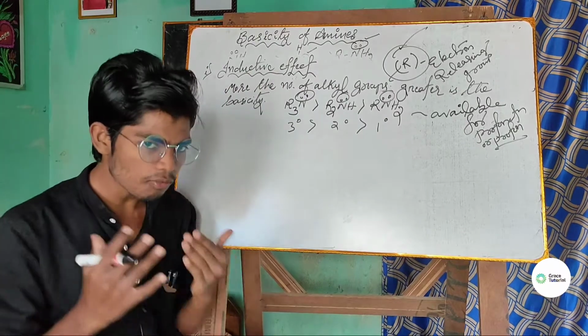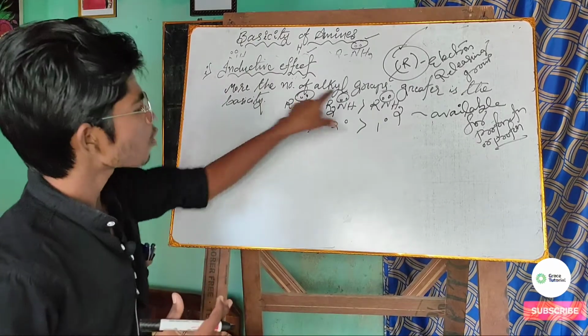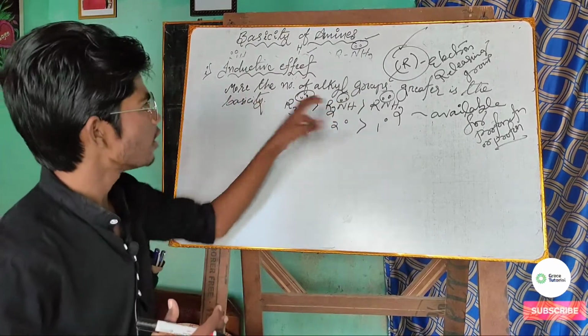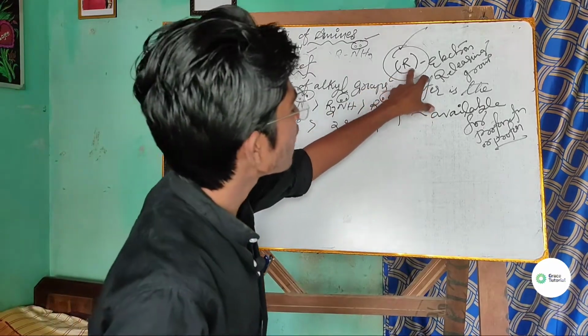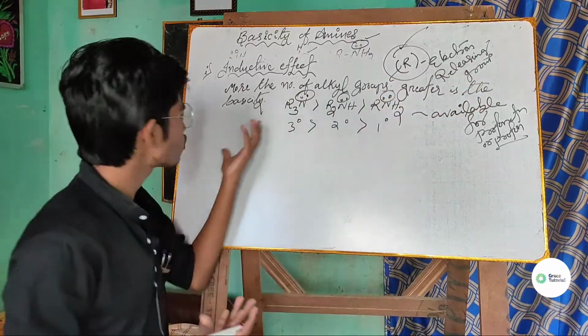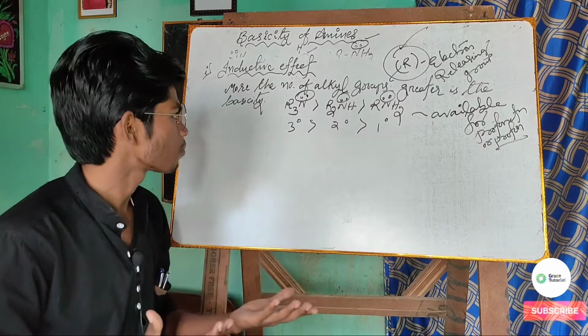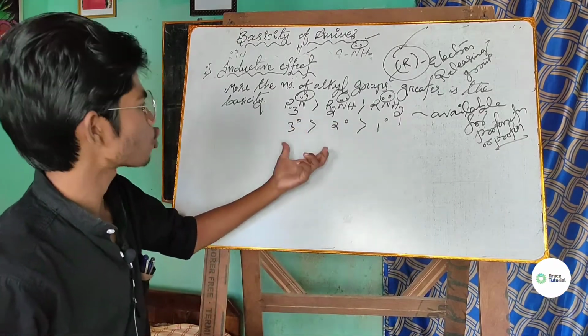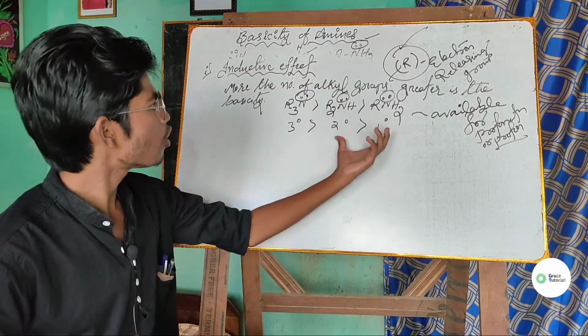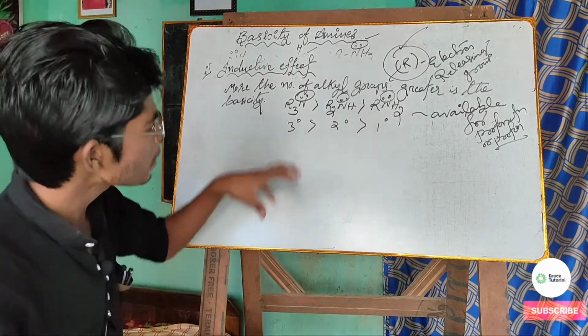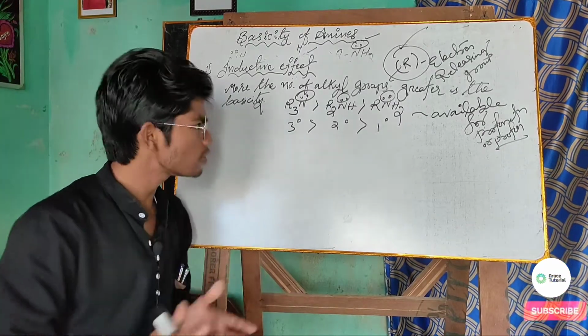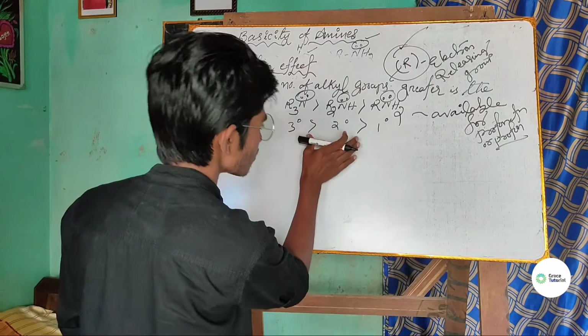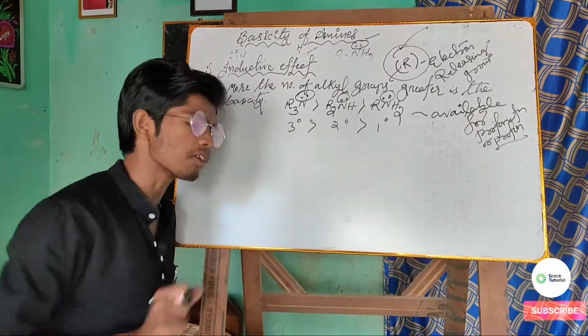The inductive effect says that the more the number of alkyl groups, or electron releasing groups, the greater is its basicity. So according to this definition, the decreasing order of basicity of amines is tertiary greater than secondary, secondary greater than primary.